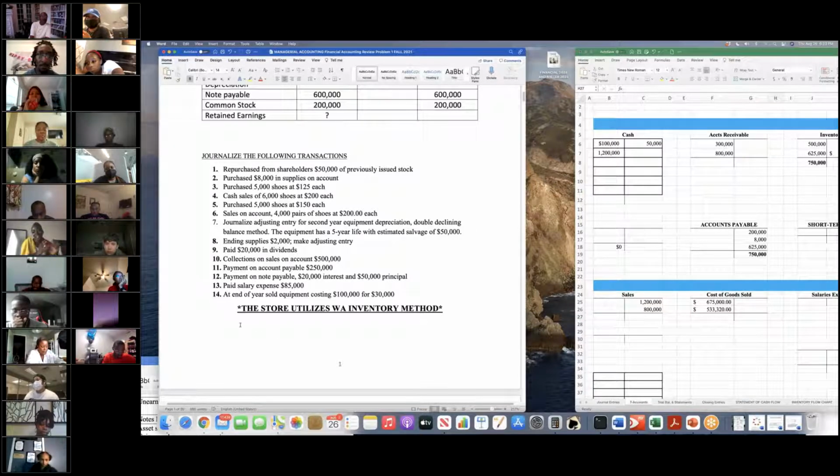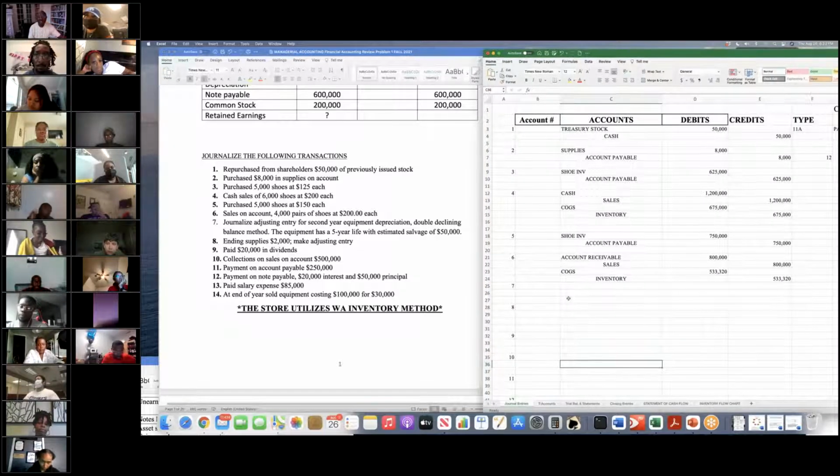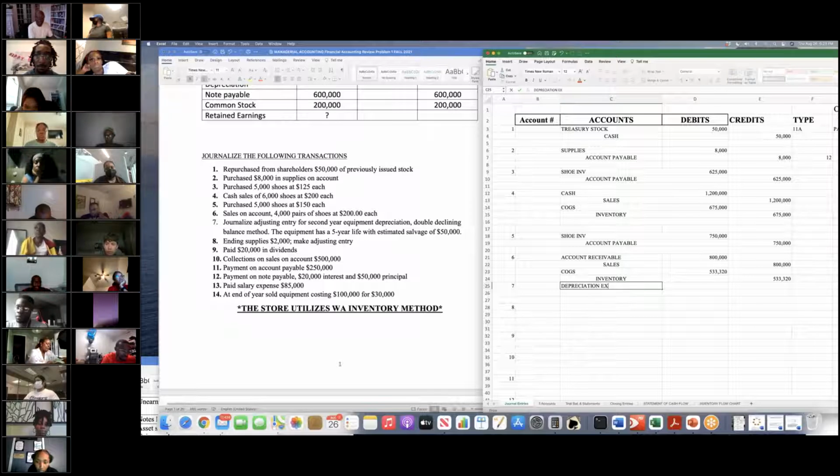So I chose AJE1 and then I debited depreciation expense on equipment for $64,000 and credited accumulated depreciation on equipment for $64,000. I got that because straight line is 1 divided by 5, which gave me 20%. So the double declining rate would have been 40%. So I did the total by 40% twice, basically.